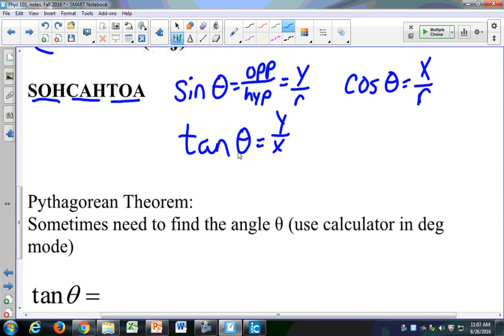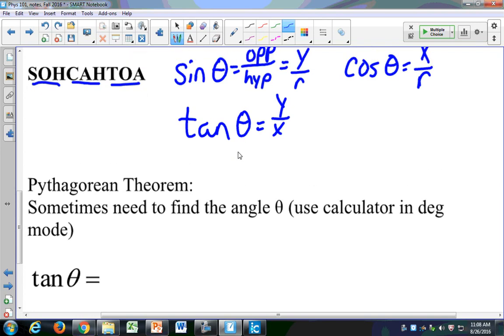And then you also need to know the Pythagorean theorem. For a given triangle, I'll label it a little bit differently. This is probably how you're used to seeing it. A right triangle ABC. The Pythagorean theorem is a squared plus b squared equals what? C squared, right? So y'all have seen that. We'll use it in chapter 3 when we get into vectors. You use it a lot. And then from then on, we'll use trig functions a lot.